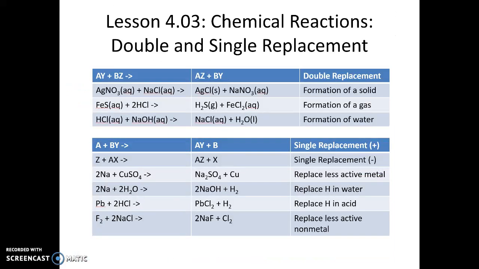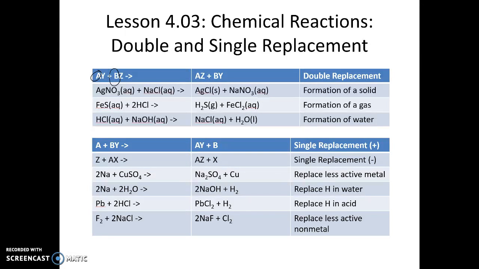Now, what do double and single replacement reactions actually look like? All right, so a double replacement reaction is as follows. The name kind of gives it away. You have two binary compounds, in other words, compounds that have two parts to them, and they are going to be flip-flopping with each other. So A and B are going to swap partners.